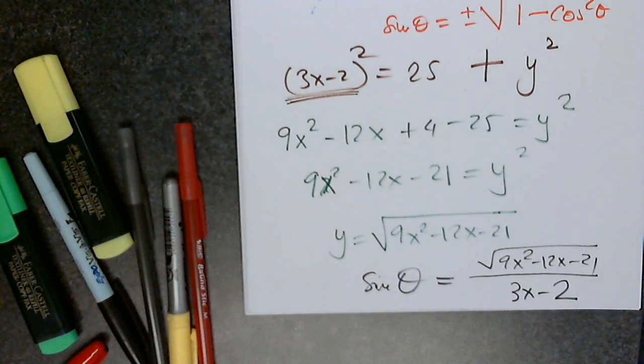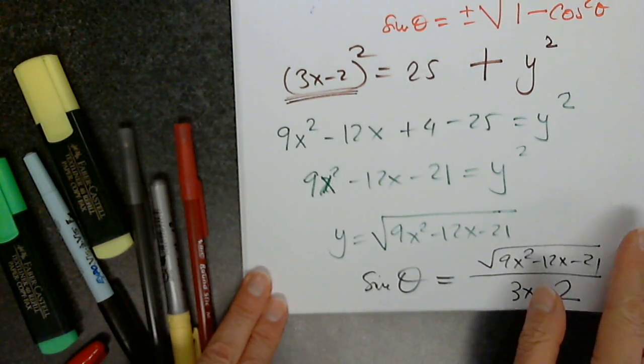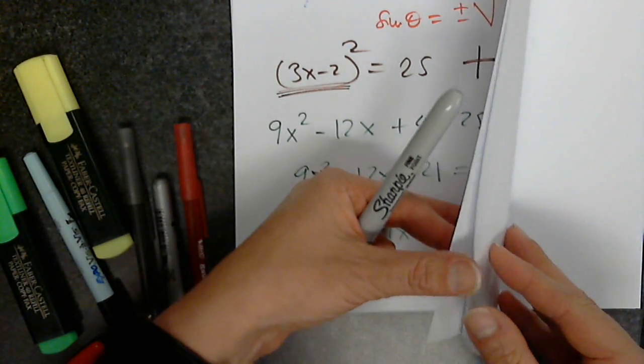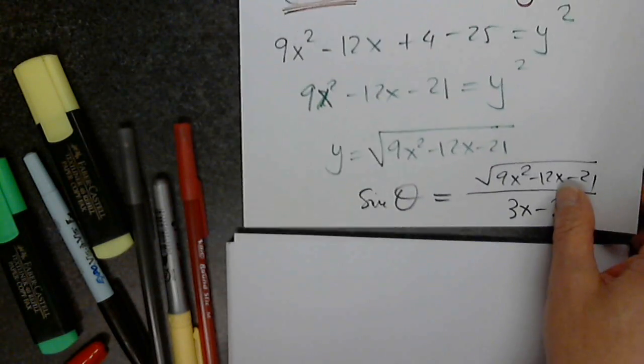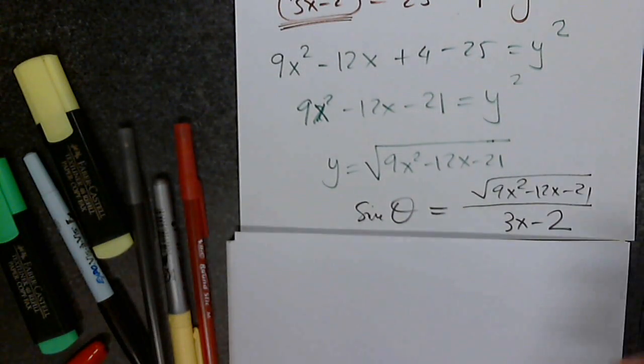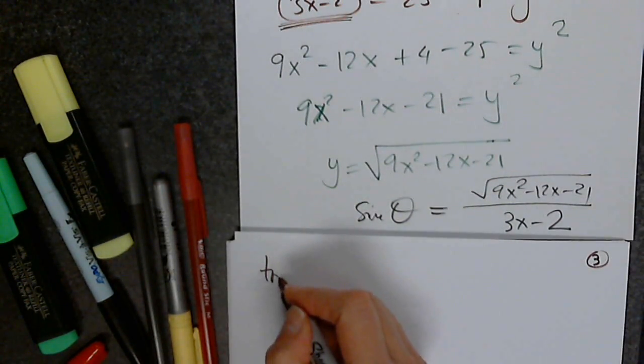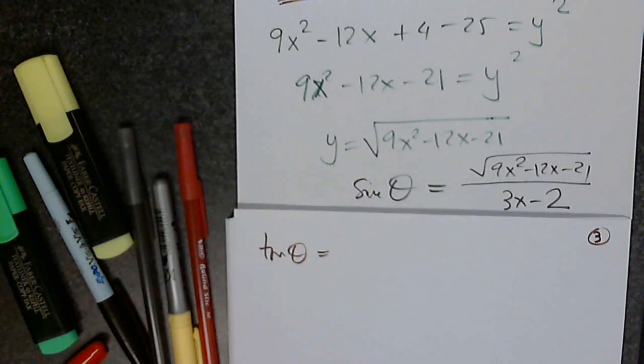So once I have sine and cosine, it should only take me less than a minute to determine the other four. Would you agree with that? Yes. Okay. Good. So can anyone give us tangent theta?